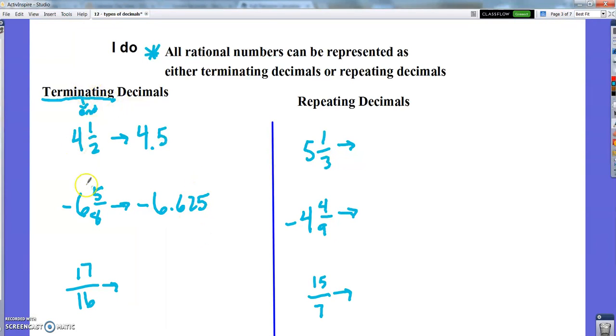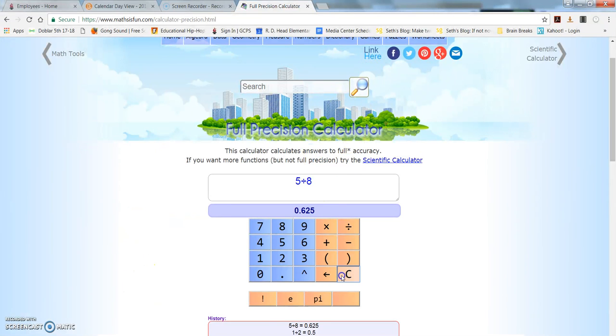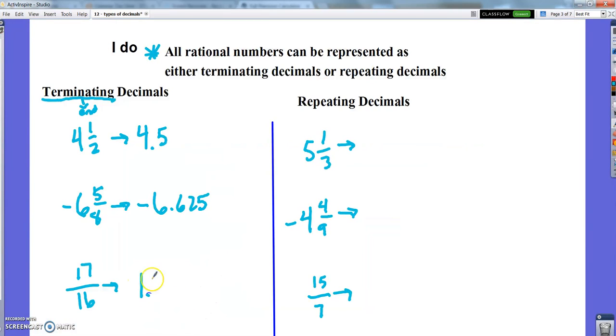That's called a terminating decimal. It ends. Last but not least, 17/16. Also a terminating decimal, I believe. And there it is, 1.0625, or 1 625 10,000ths. So all those decimals end, you'll notice. Those are called terminating decimals.